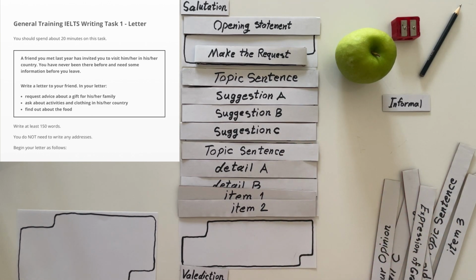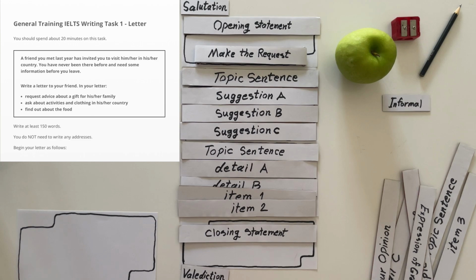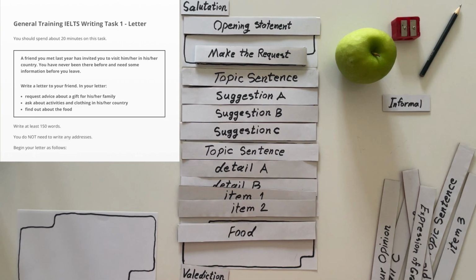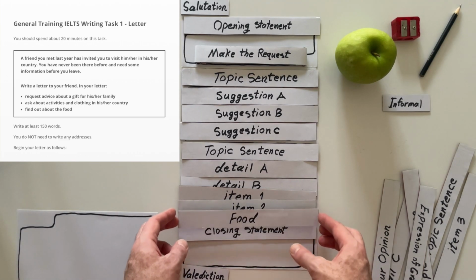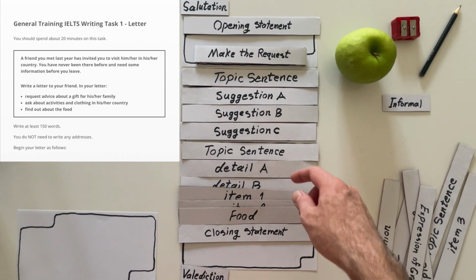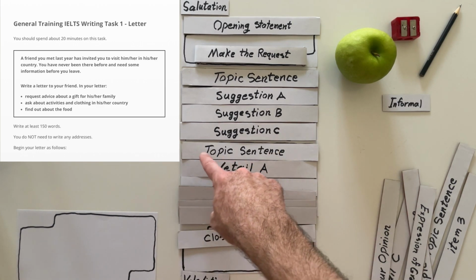So you have 150 words, and you don't need to say a lot of things. You can basically close, end your letter, and you can end your letter by talking about the food, or you can even talk about the food next to these items in the paragraph before, and label the paragraph.